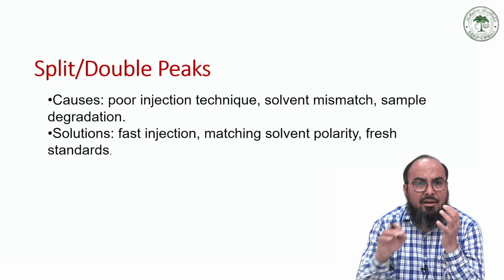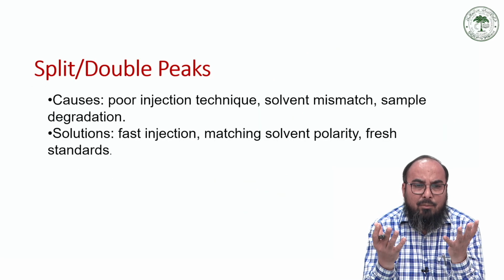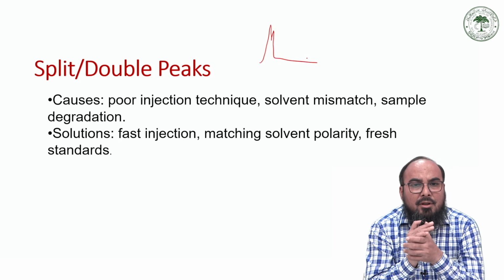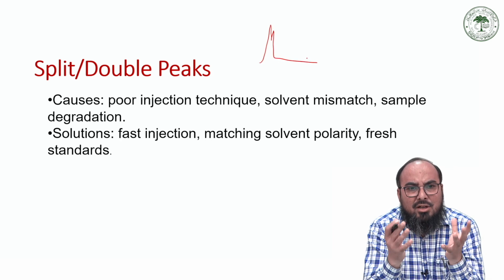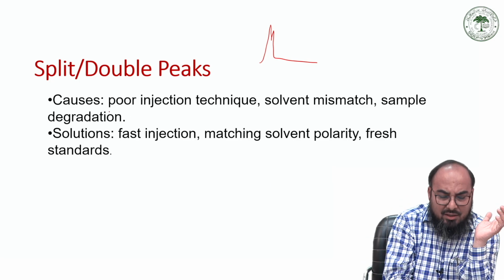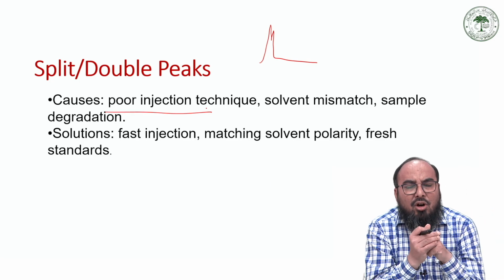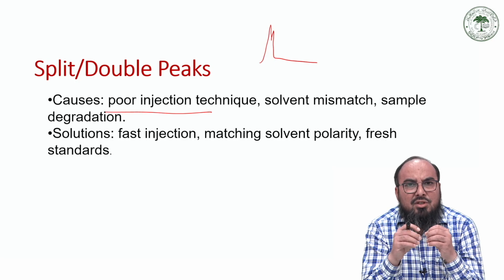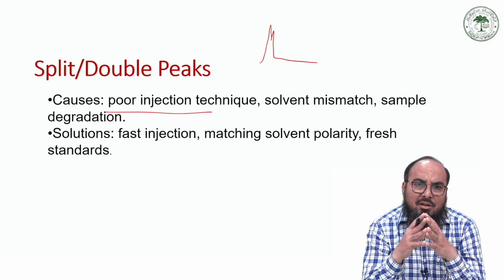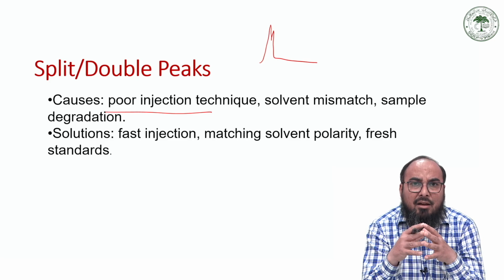So let us move on. Now if you have split or double peaks, a peak like this, what is the solution? This type of peak occurs because of poor injection technique. Or, for example, your sample was volatile, and instead of using on-column injection, you should have used splitless injection. Then this type of situation may occur.